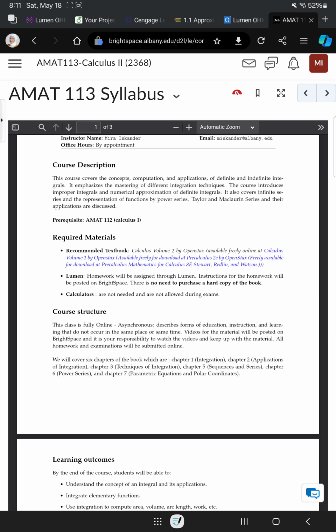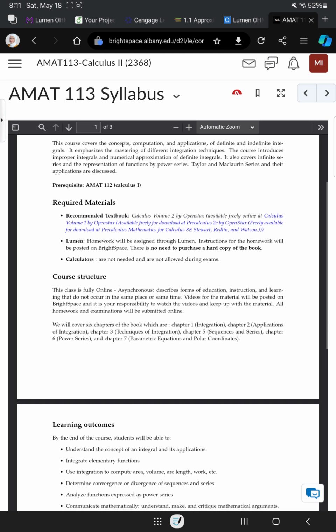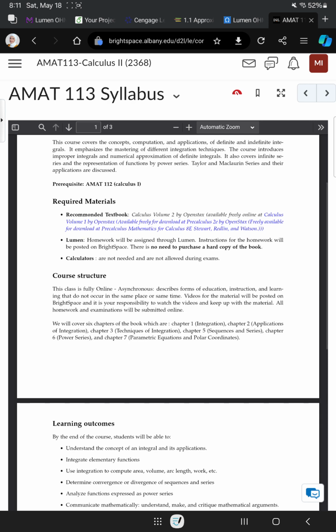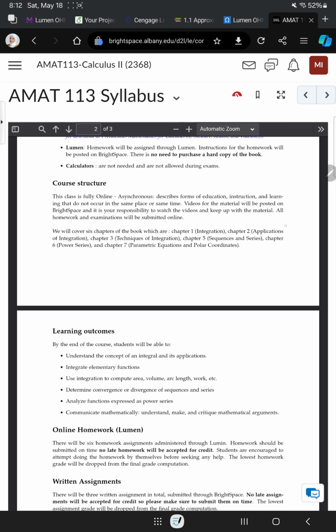Like I said, we're going to use Lumen for online assignments. We're going to have 6 online assignments on Lumen, and you can read the topics that we're going to cover in this class. As you all know, this class is asynchronous, which means that we're not going to meet at the same time.